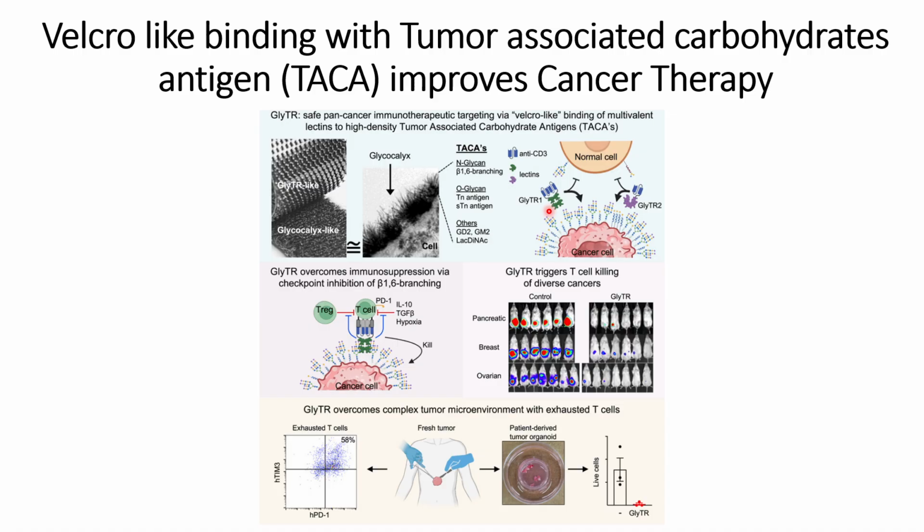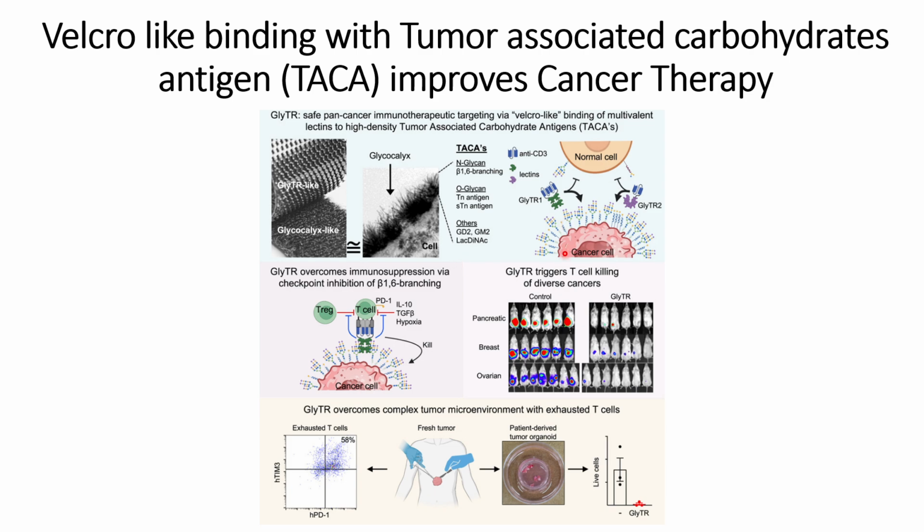This TACA is tumor-associated carbohydrate antigens, and it will act when these antigens are overexpressed on the cells, which is the case in the cancer cells, but not in the case for normal cells. So it will not act on normal cells, but it will act on the cancer cells, and the other side of the antibody will act on the T cells. So in this case, the specificity is more towards the cancer cells, so the toxicities will be reduced significantly.